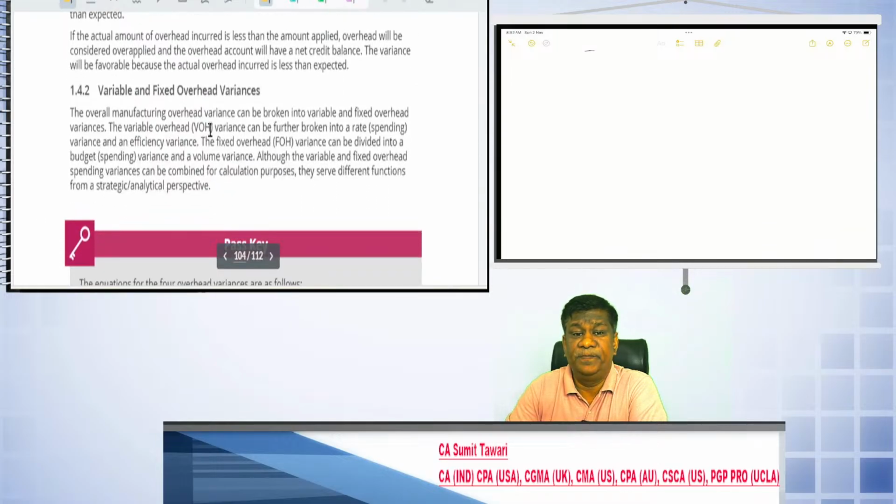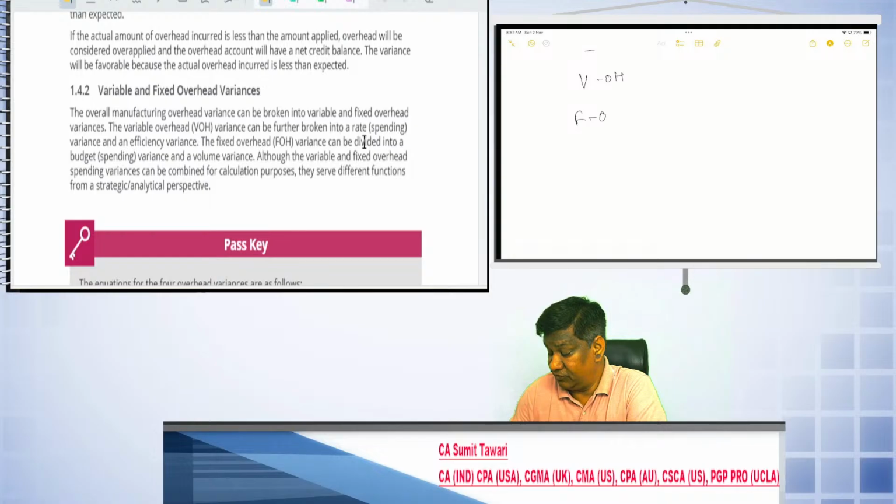Then variable and fixed overhead variances. Overall manufacturing overhead variances can be broken into variable and fixed overhead variances. Variable overhead variances can be further divided into rate and efficiency, the same way we calculate for labor.